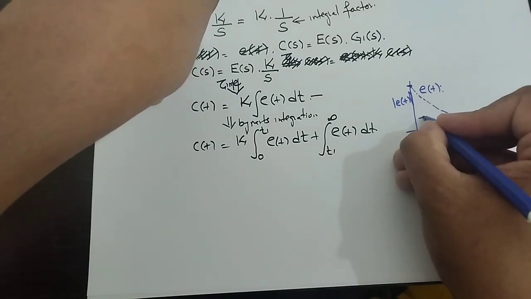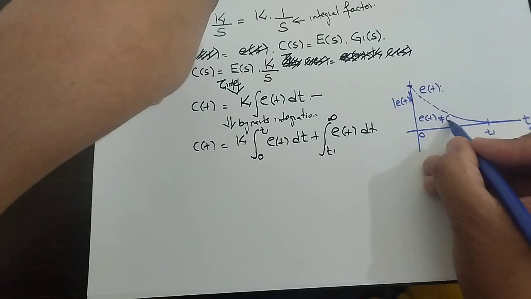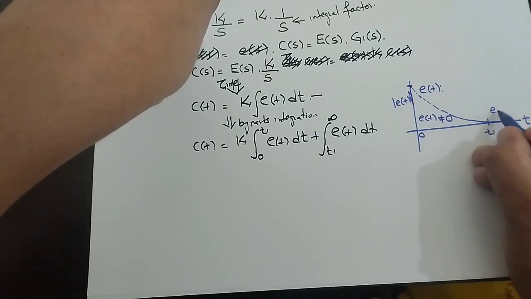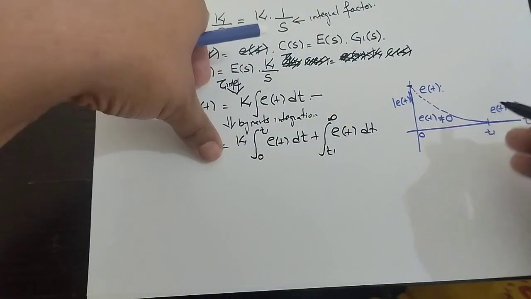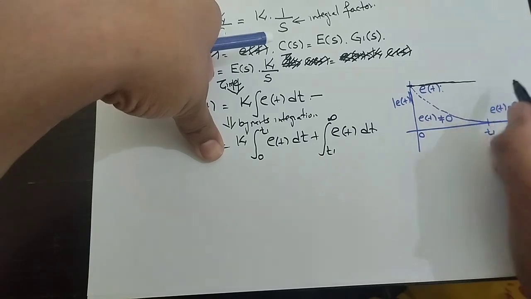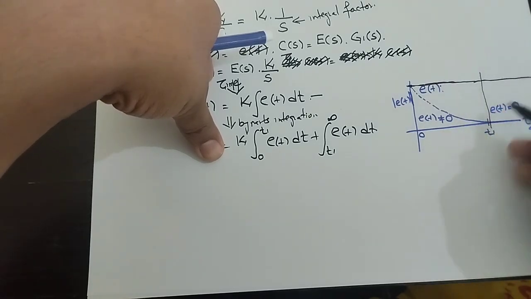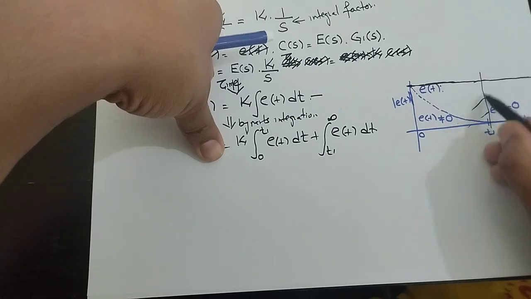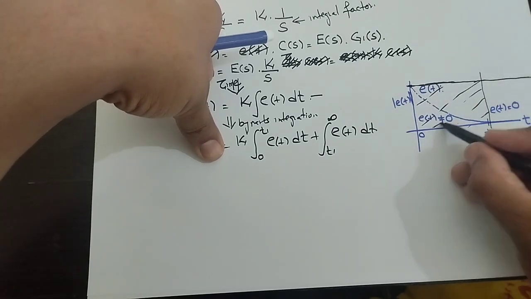Let's say we define this as E of t not equal to 0, and in this time interval E of t is equal to 0. So we have divided this whole picture into two parts, right? In this part, where we are drawing the diagonal lines, the error is non-zero.